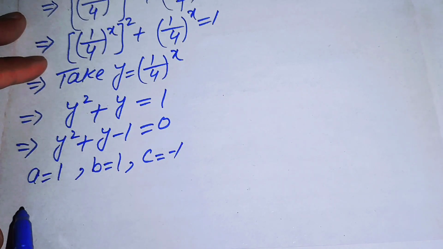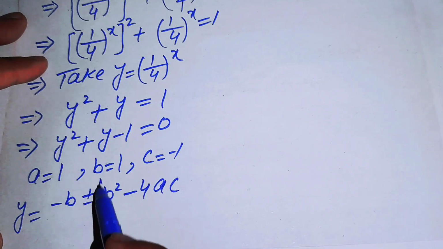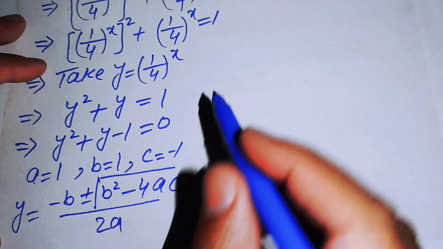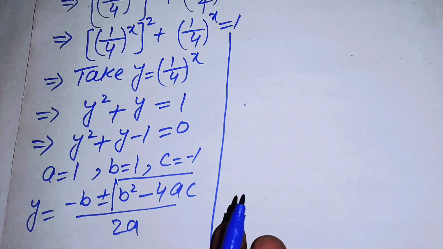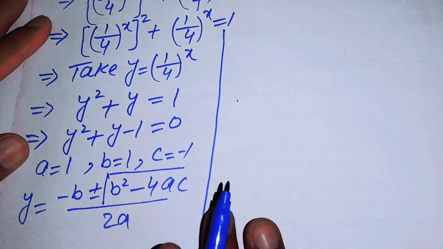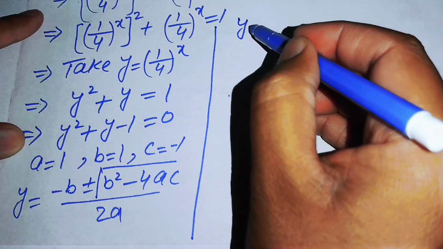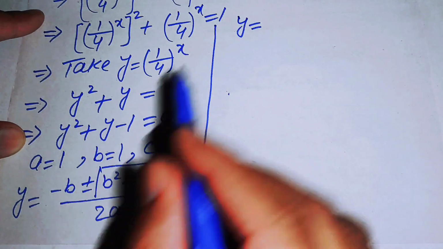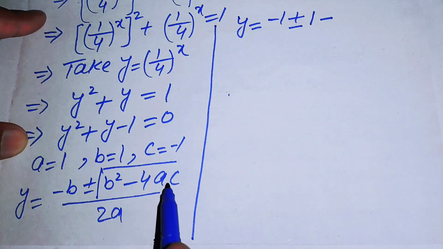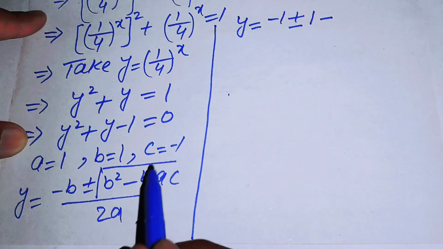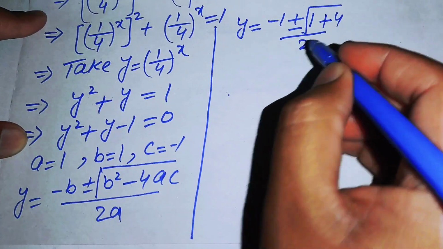The quadratic formula is y is equal to minus b plus or minus the square root of b squared minus 4ac, over 2a. Substituting the values, y is equal to minus 1 plus or minus the square root of 1 minus 4 times 1 times minus 1, which becomes plus 4, over 2 times 1.